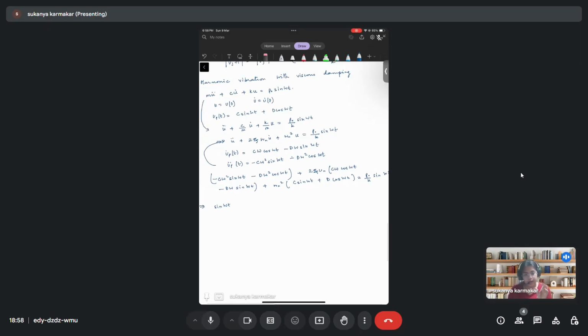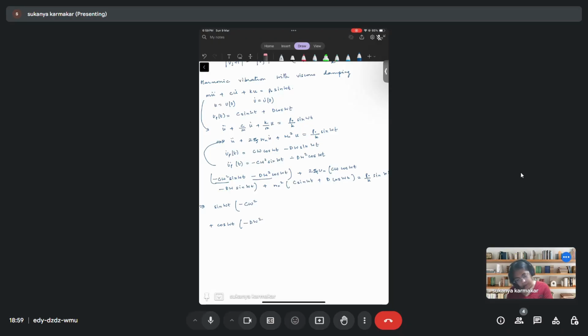So if I want to collect the coefficients of the term sin omega t, you will have this first term, minus c omega square. Now let's do it for cos omega t simultaneously. So the cos omega t coefficient is minus d omega square.